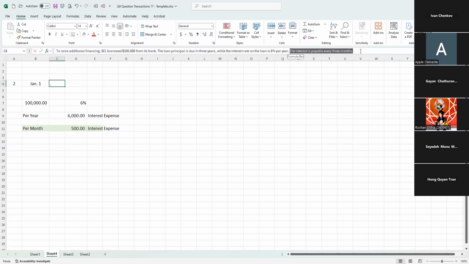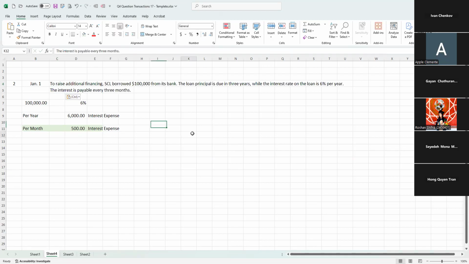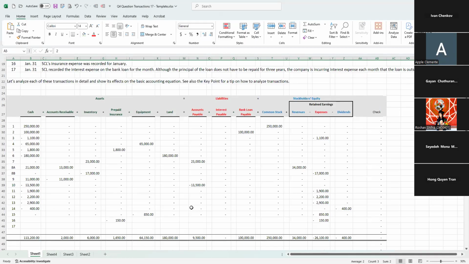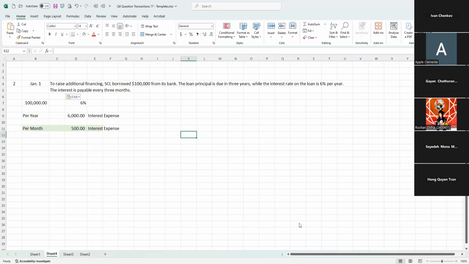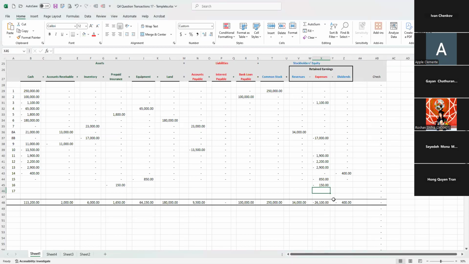Every 3 months. So at the end of January, do I have to pay interest? No, not yet. But do I have interest expense? Yes. So let's show those $500 of interest expense. Minus $500 expense. And what's going to happen now? I'm going to have a new liability, which is interest payable. Make sense?